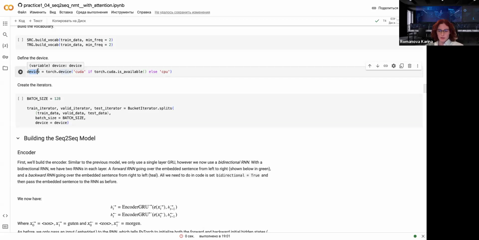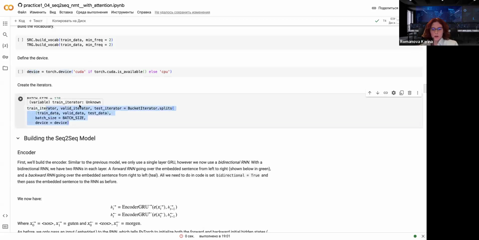Also, we have this specialized iterator that groups sentences of similar lengths into the same batch. This reduces the amount of padding required and speeds up training by ensuring that all sequences in a batch are roughly the same length.